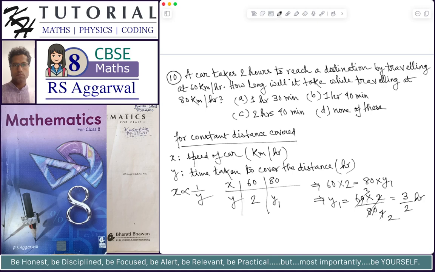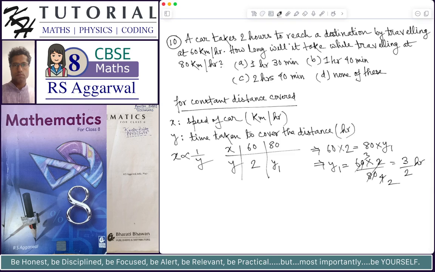Now we have to convert the 3 by 2 hours into hours and minutes. 3 by 2 hours is equal to 1 and 1 by 2 hours, so this is equal to 1 hour plus half an hour.